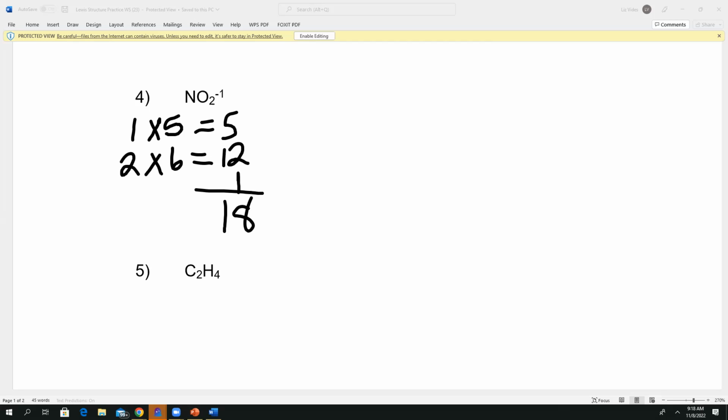Right? We know that the central atom has to be the nitrogen because number 1 is the lowest electronegative, and number 2, there's only 1 of them. So then we place oxygens around it, make the bonds. All right, nobody's happy here, are they? I mean, not a single one of them is happy. So if we do the dots around everybody, right?